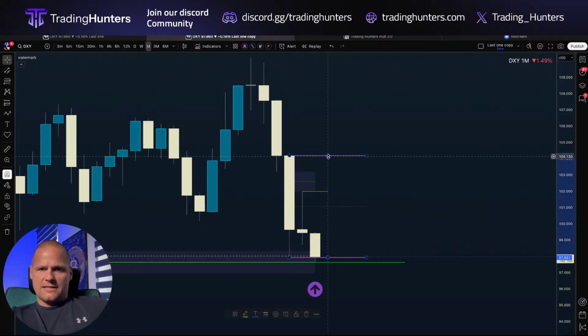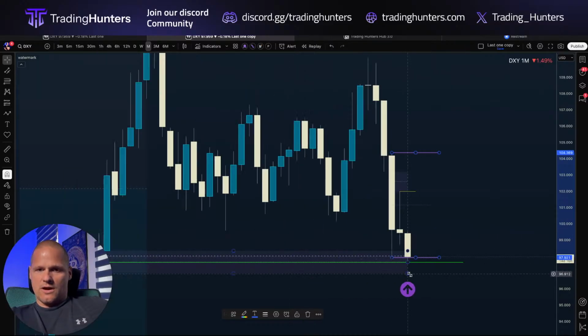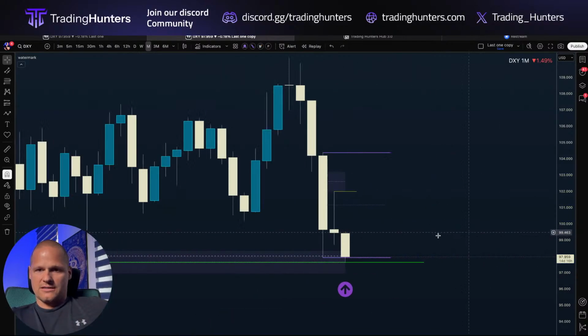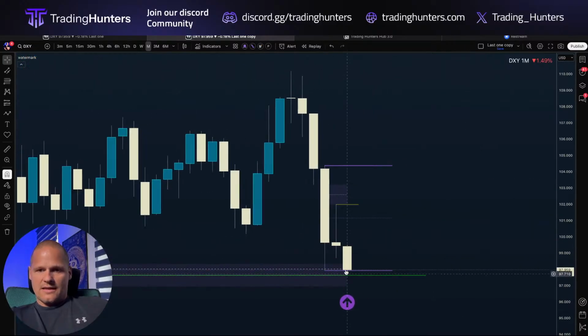Then we had this last month consolidating, right? And now we are tapping below this low, right? Below this CLS, below this transition candle into this 3 months fair value gap, and also into this 3 months order block, right? So we are in here, right?